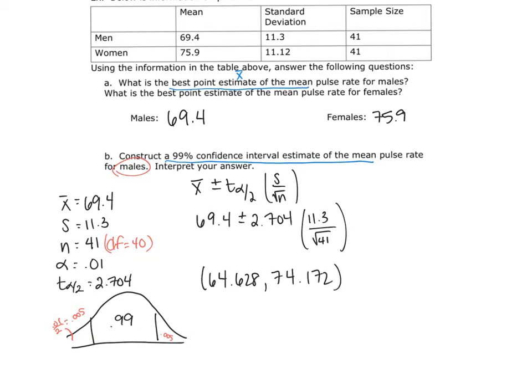And again, I'm not going to write out the interpretation, but I'm going to read it to you guys. It should say we are 99% confident that the population mean pulse rate for males is between 64.628 and 74.172.